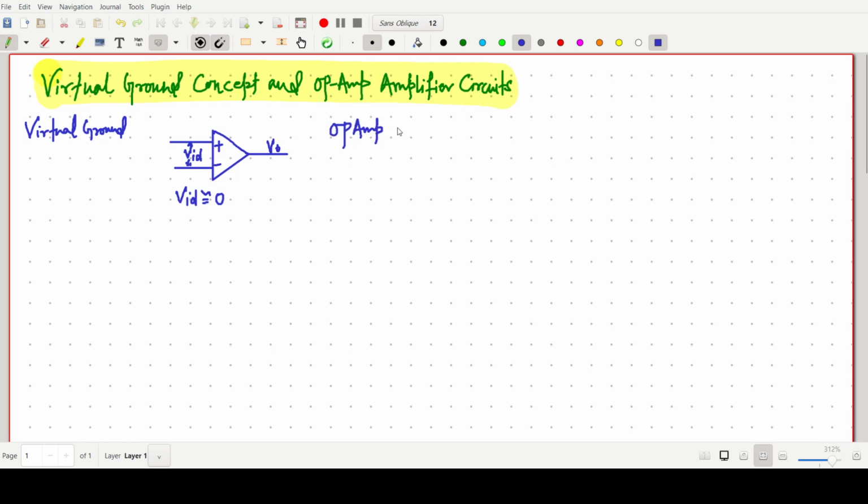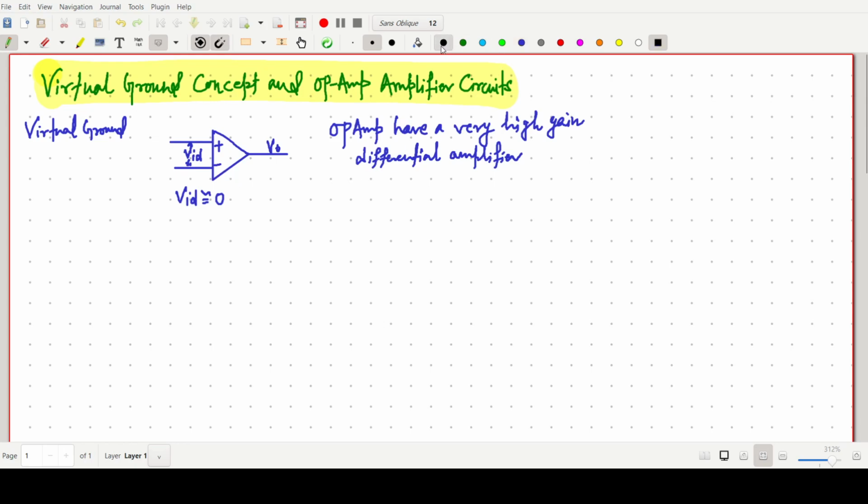has a very high gain, high gain differential amplifier circuit. Okay, I will tell you how it is. Vid will be 0.